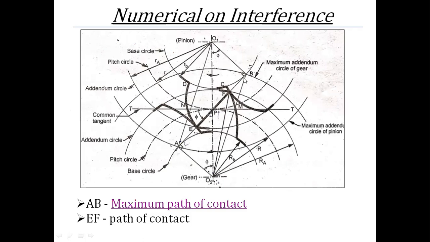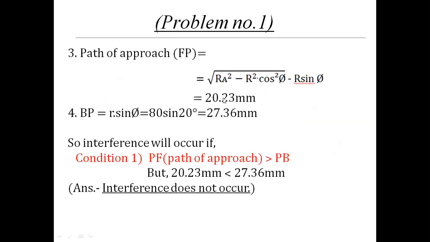So as per the trigonometric rule, PB is equal to small r sin phi. The value of small r is 80, sin 20. So we get the length of BP equal to 27.36.